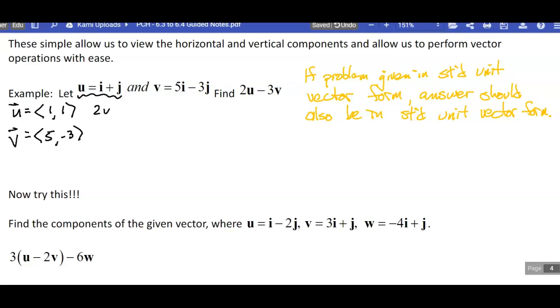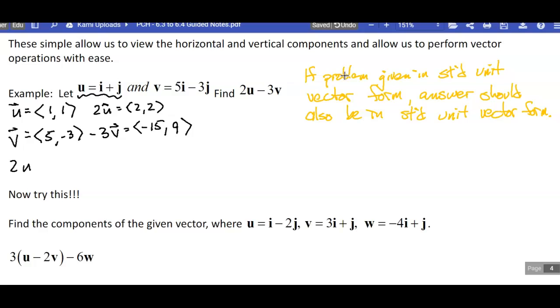So 2u, I always like to write this stuff out so I don't make silly mistakes, is going to be 2, 2. I'm just multiplying this one by 2. And then I'm going to do negative 3v so that I can just add these two together. So negative 3 times 5 is negative 15, and negative 3 times negative 3 is 9.